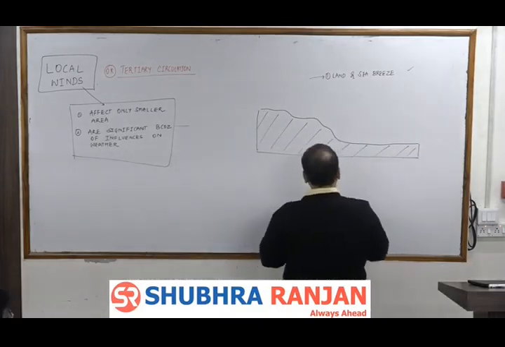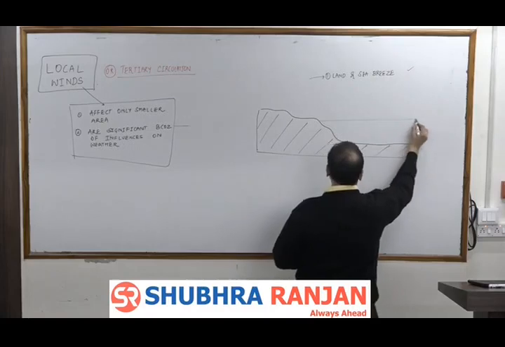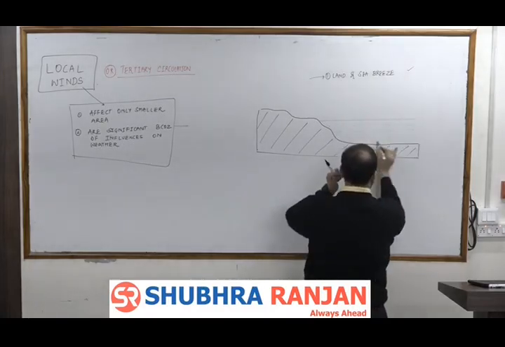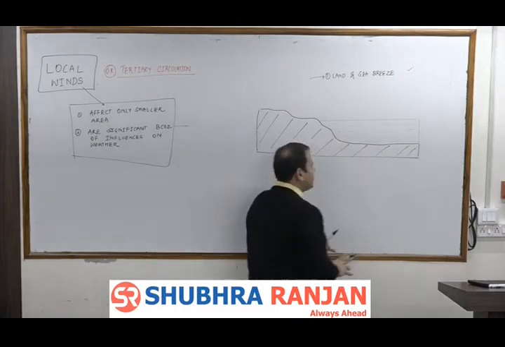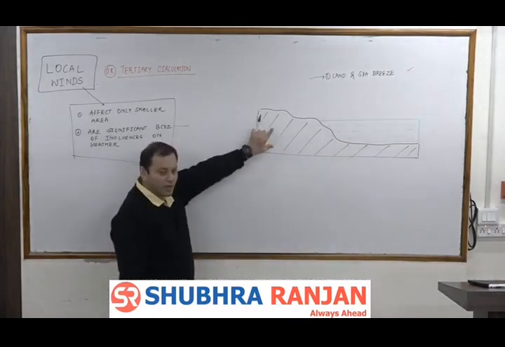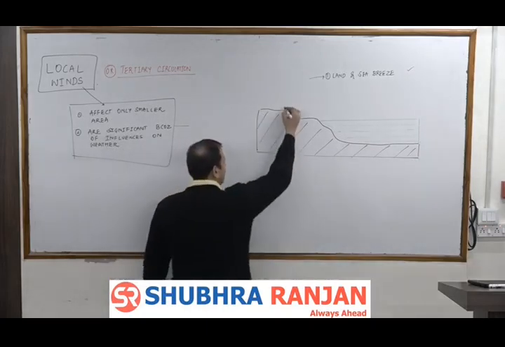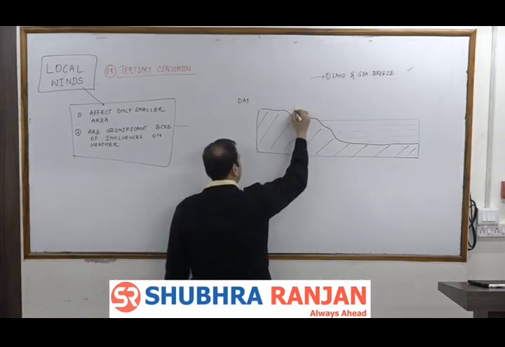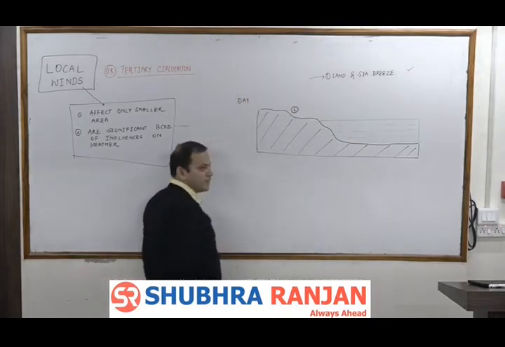So during in the coastal regions, fine, sea, water takes time to get heated and to get cooled. So during the daytime, which part will get more hot? Land. So it will get more hot during the day, and as it becomes more hot, it will develop a low pressure.